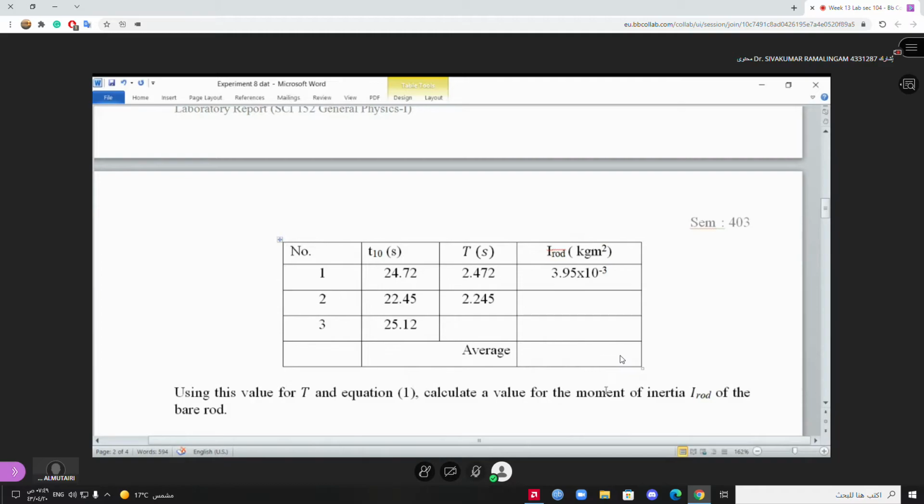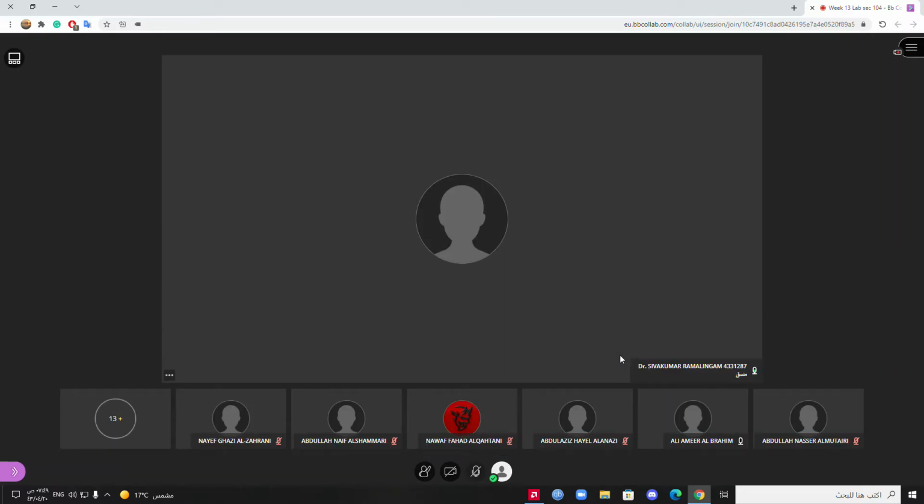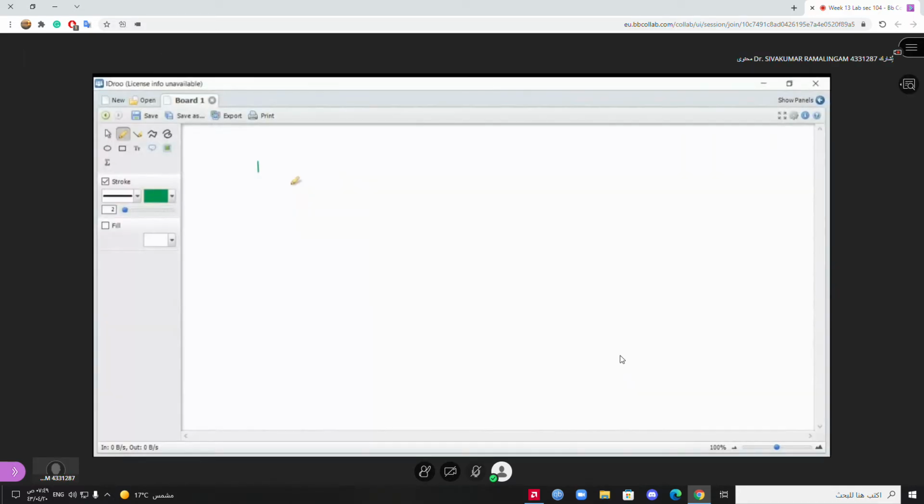Doctor, can you complete I rod? I don't understand. You know how to calculate this? No, doctor. Substitute the t value here.